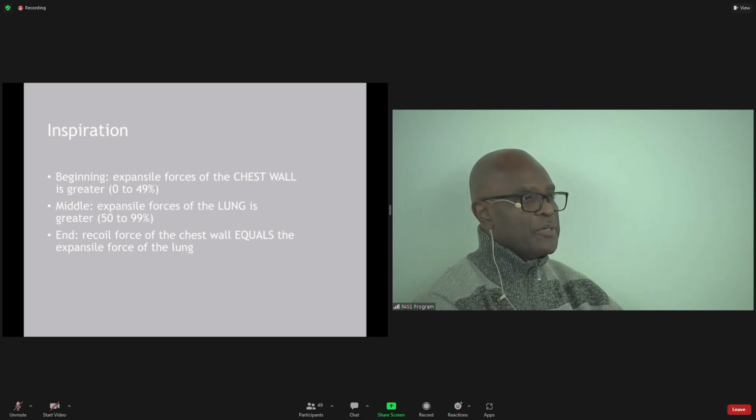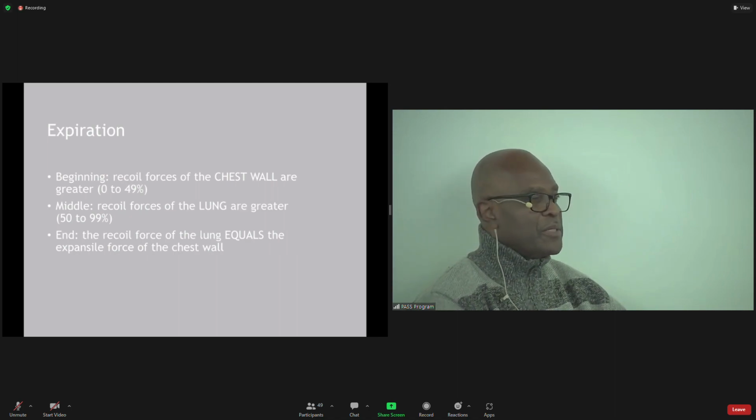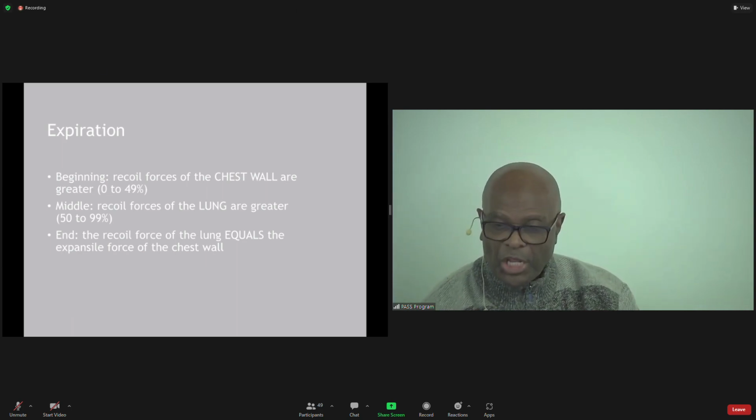It's written for you. First quadrant is chest wall expansile. Second quadrant is lung expansile. All right, for breathing out, first quadrant, chest wall recoil. Second quadrant, lung recoil. That's it. I gave you 72% of inspiration. You're not recoiling during inspiration. So it's lung expansile.